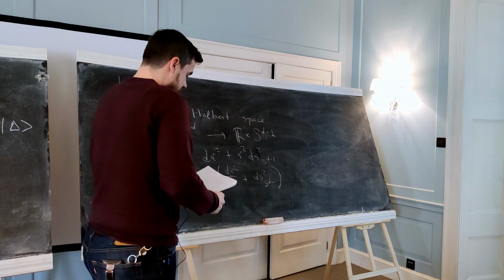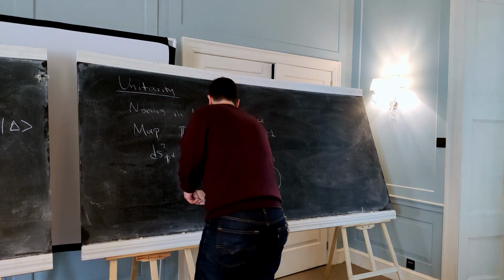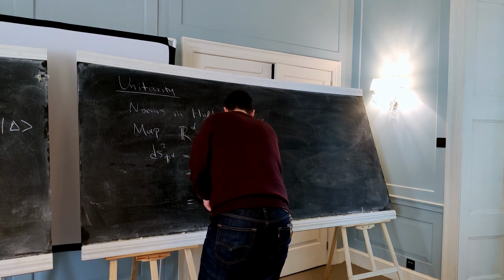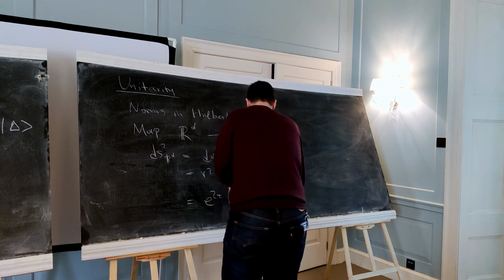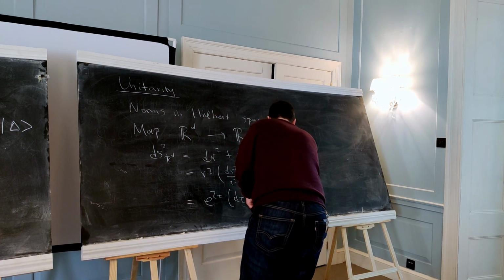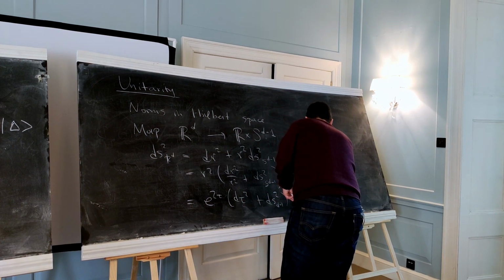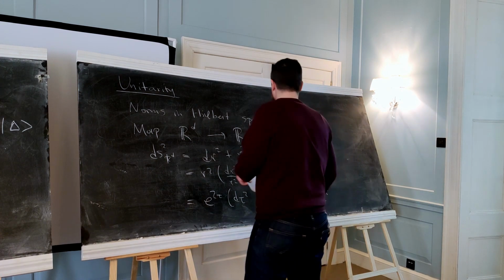We will call this e^(2τ)(dτ squared plus ds squared), where r is e^τ.